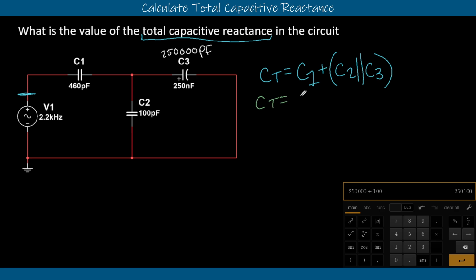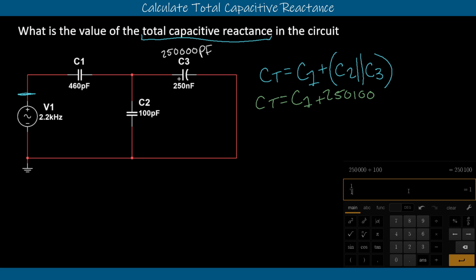CT is now equal to C1 in series with 250,100. Okay, so now we can do our C1 in series with 250,100, and that is our 1 over 1 over equation.